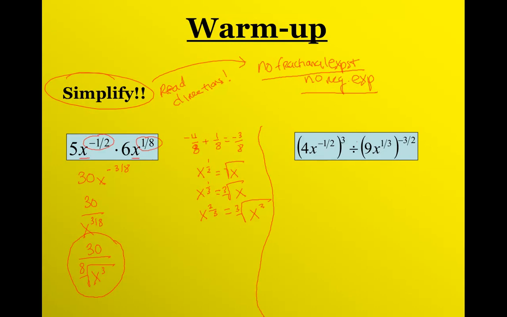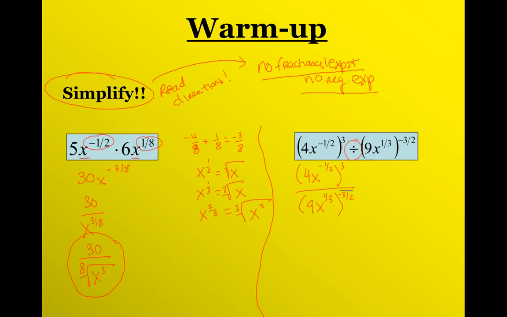So this is division. I'm going to just start off, and I don't have to do this, but I want you guys to see it. I'm going to write this as a fraction so we can kind of talk about what we can do. So 9x to the 1/3 to the negative 3/2. So we're dividing by something that has a negative exponent.